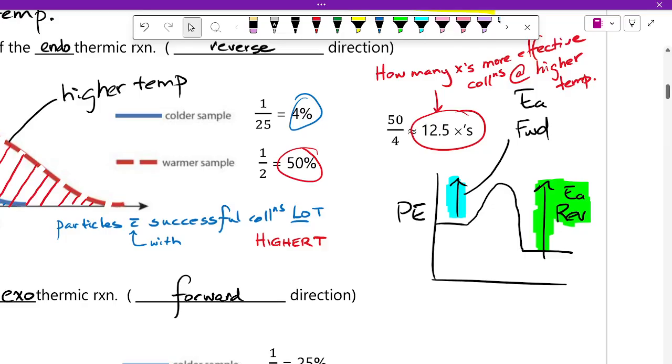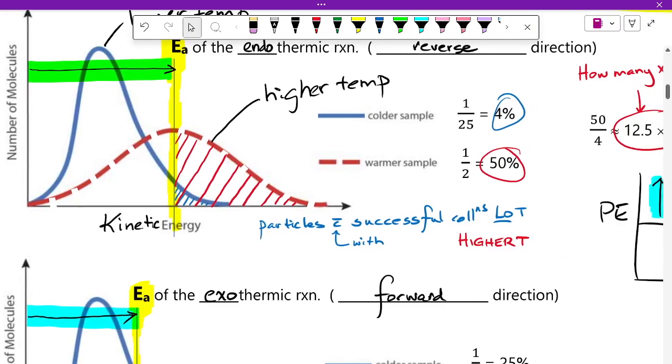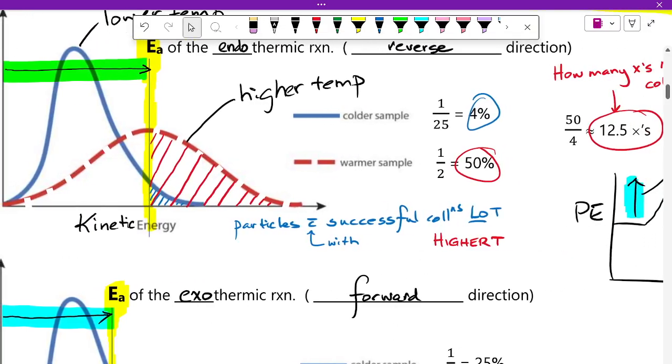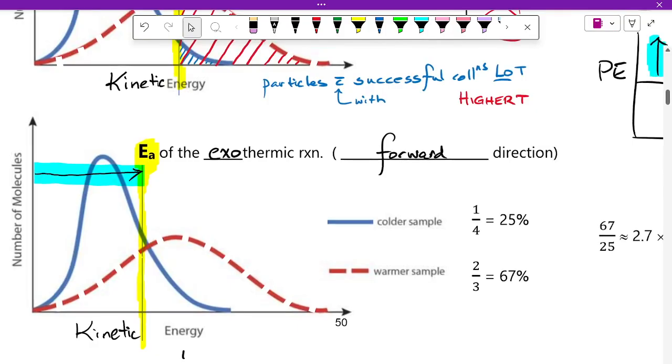Okay, let's look at our exothermic reaction, the forward direction. Let us shade our low temperature effective collisions.